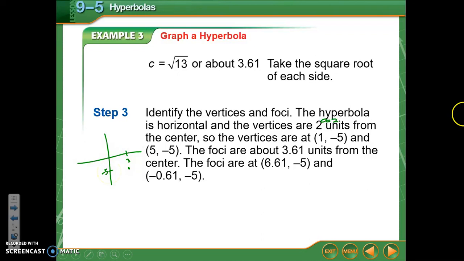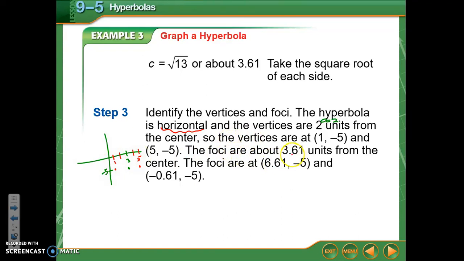This isn't a beautiful graph, it's just to give us an idea. I know that my vertices have to be 2 units left and right, because this is a horizontal hyperbola. So I go 2 units to the left, at 1, negative 5, and I'll have 1 vertex, and 2 units to the right, at 5, negative 5, I'll have my other vertex. So those are my 2 vertices.